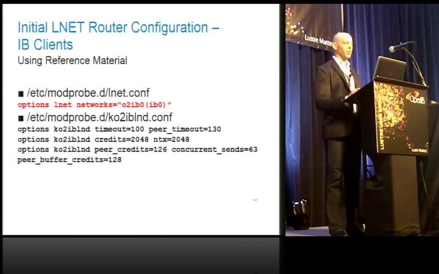I also had to include the ko2iblnd.conf file, because you cannot mount the file system if the server side has these options and the client side does not. So that gives you a high-level view of where I initially started my LNET configuration for this hybrid setup.